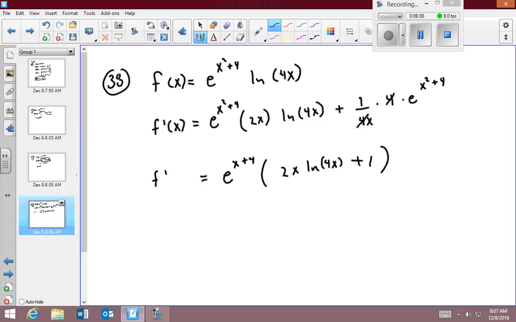And that's the first derivative. And they're saying 38, and what they say it is, it's not correct.